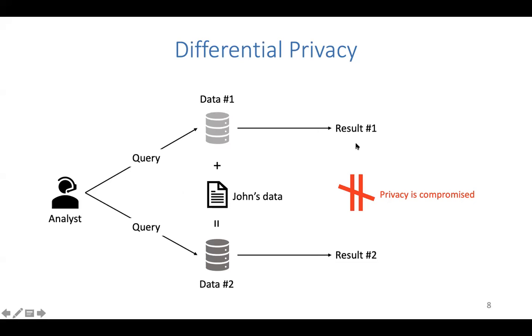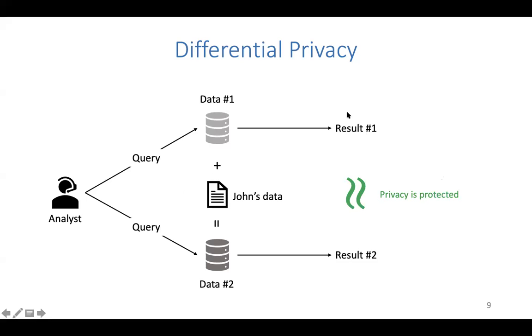That is how the privacy is compromised. If the two results were about the same, approximately within a reasonable error margin, such as 5%, 95% confidence interval, something like that, then we know that privacy is protected. So that is the whole concept behind differential privacy.